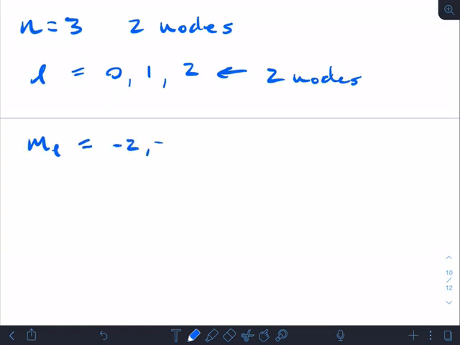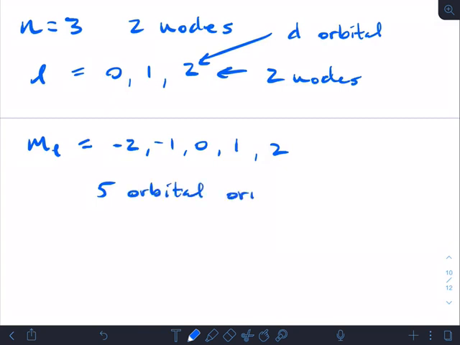We get an m sub L of -2, -1, 0, 1, or 2. Okay? Because that 2 is a d orbital. Right? So m sub L is the orbital orientation, so that means that I get 5 orbital orientations, or 5 orbitals entirely. Okay? And I'm not going to try and draw this business.